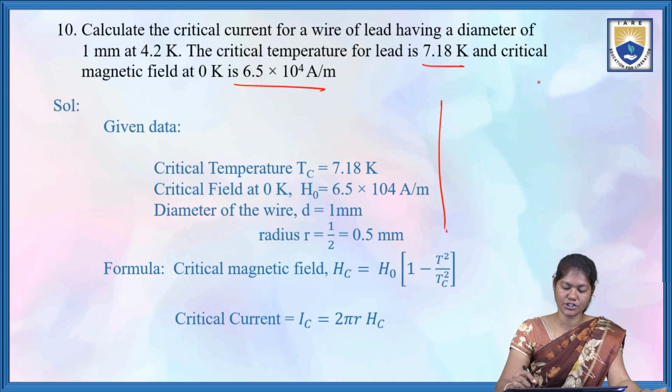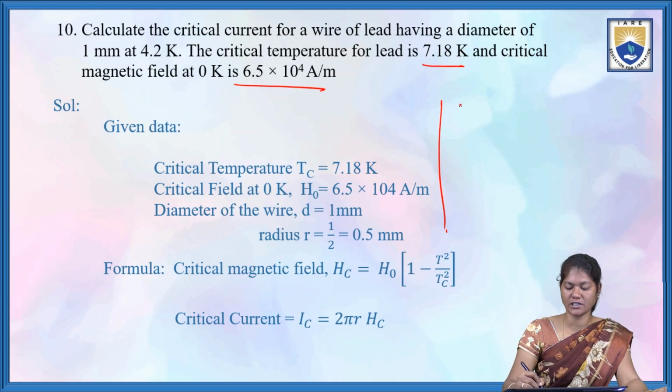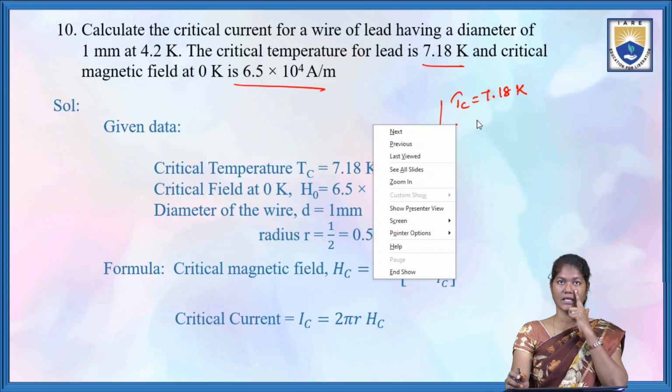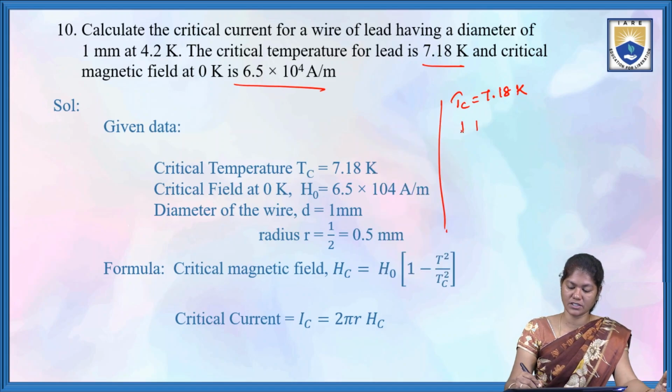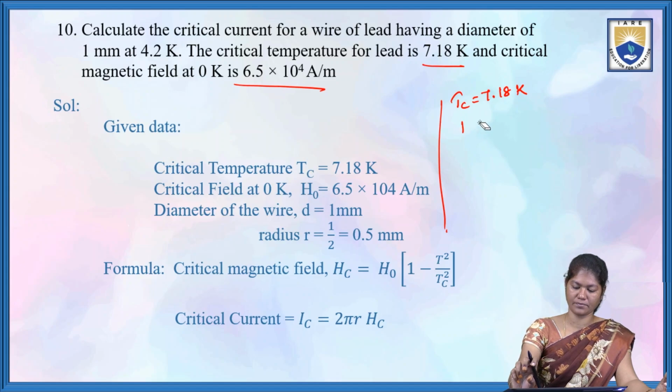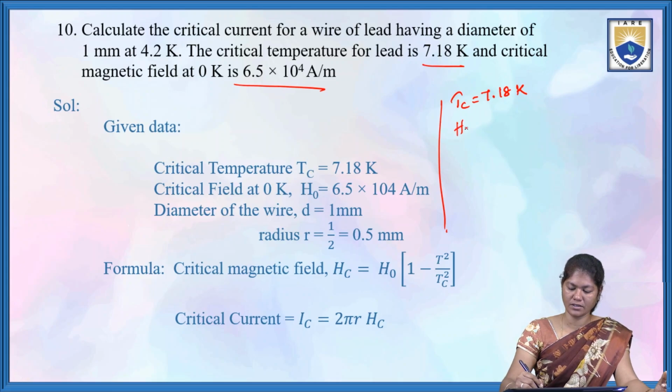The critical temperature for lead, Tc, is given as 7.18 degree Kelvin. The critical magnetic field at 0 degree Kelvin, H naught, is 6.5 into 10 power 4 ampere per meter.